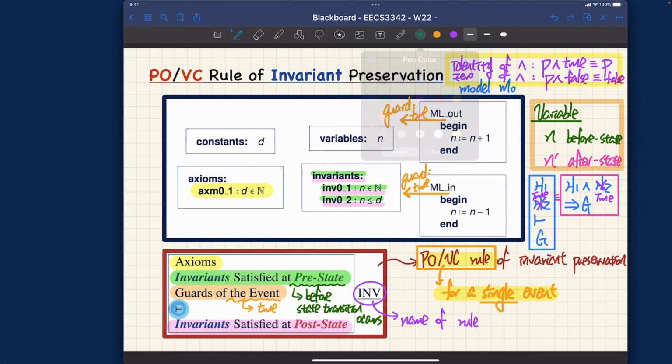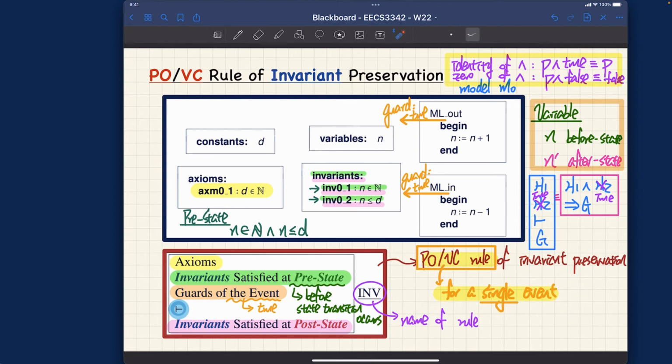The same invariant is going to be evaluated twice, let's say in the pre-states. In the pre-states, what we're going to evaluate will be, first of all, we're going to say n, the pre-state value for variable n, should be a member of the natural numbers. And also, we want to make sure both are satisfied, so that should be a conjunction, and also n less than or equal to d, right?